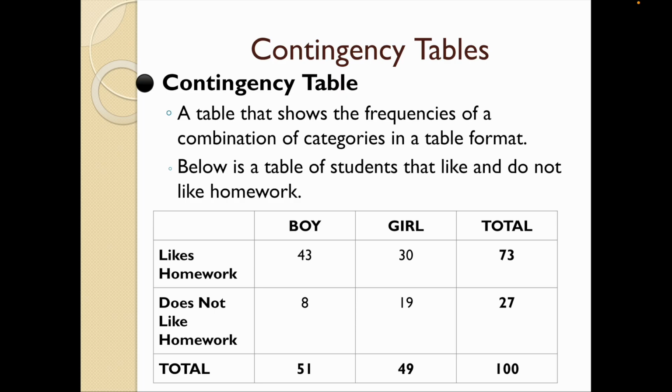How many girls do we have? 49. How many boys like homework? 43. Good. How many girls do not like homework? 19. All right. How many students love homework or like homework? 73.